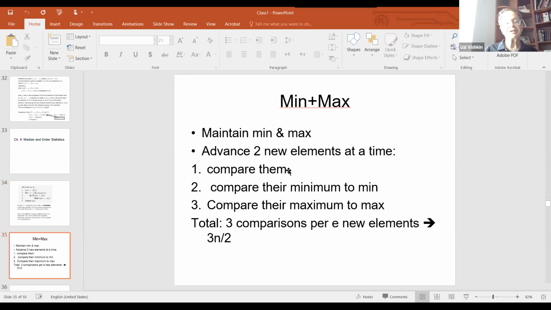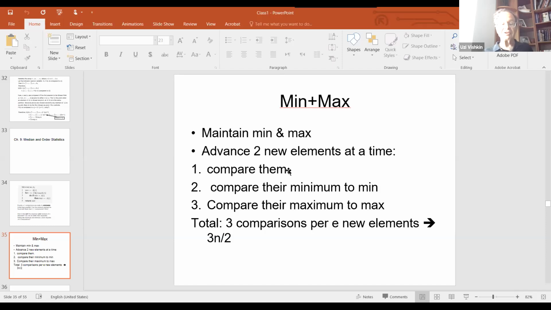So what will be the trick? If you want to compute both the minimum and the maximum, you advance 2 elements at a time. You take the first 2 elements, declare the smaller of them as the tentative minimum and the larger as the tentative maximum. Now you keep advancing 2 elements at a time. The first thing you do with the next pair of elements is compare them to one another.